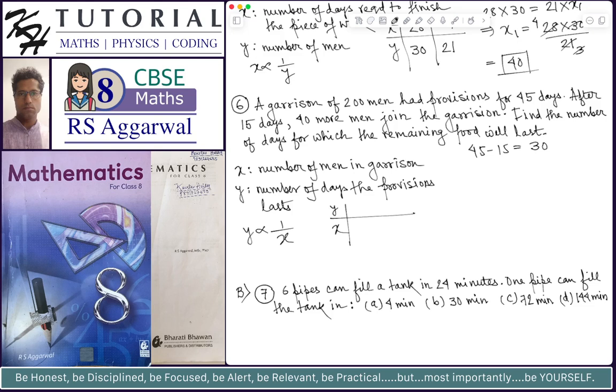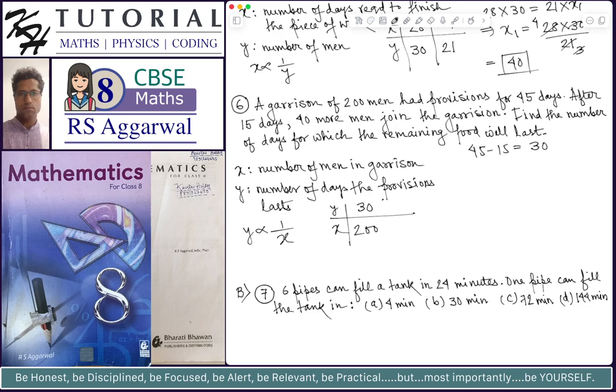So we can enter the data 200 and 30. This is the scenario after 15 days: based on the remaining food, 200 men will survive for 30 days.